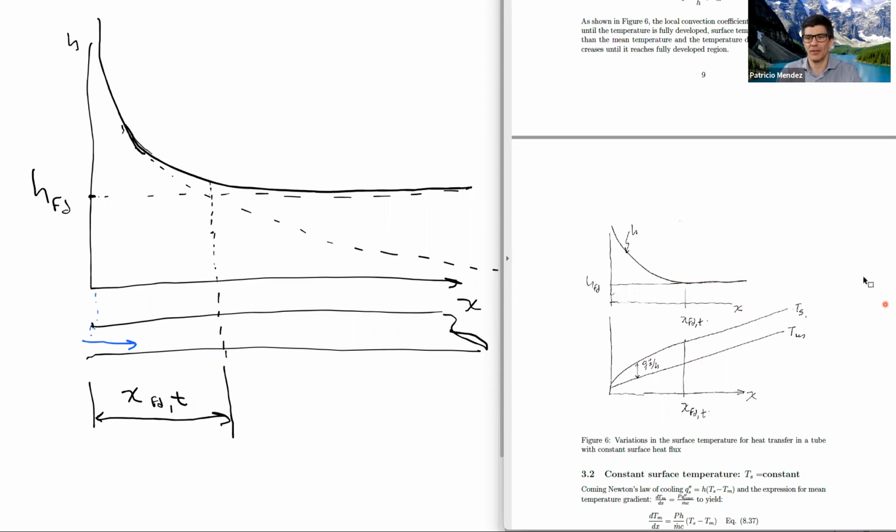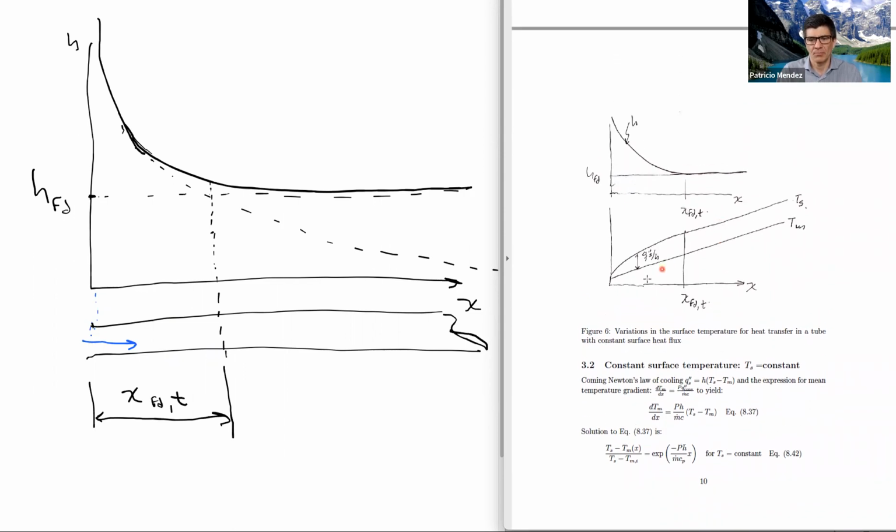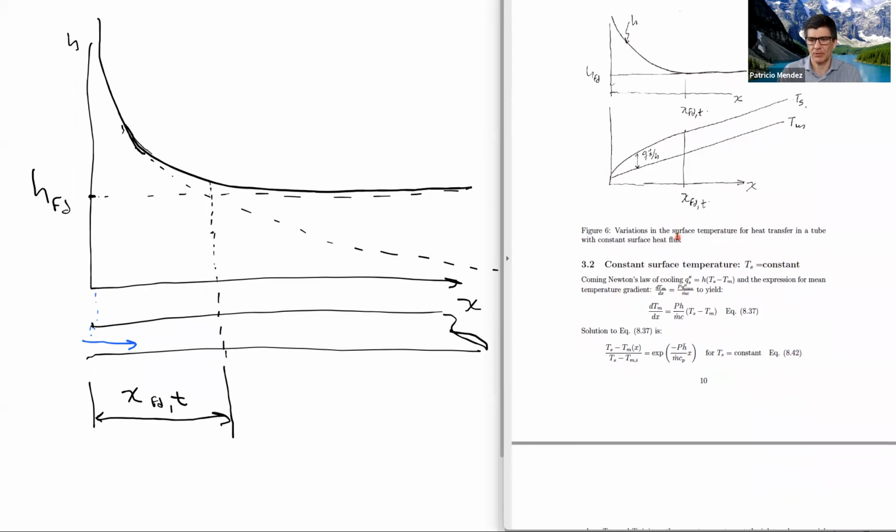You don't want fully developed flow because in the entry length you have a higher heat transfer coefficient. So it's very interesting to see that the pipe and the fluid have a varying temperature difference between them. I think that's pretty interesting.